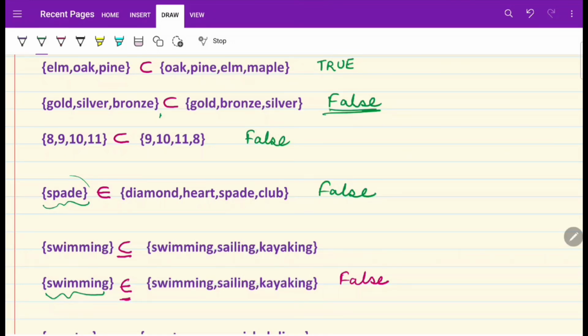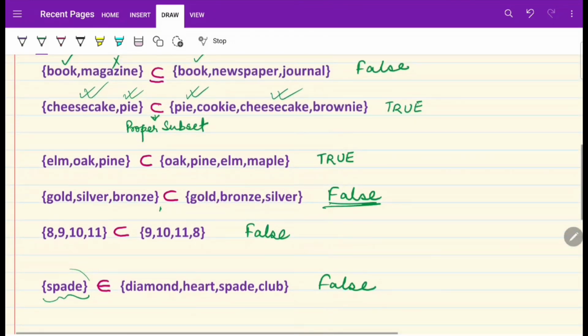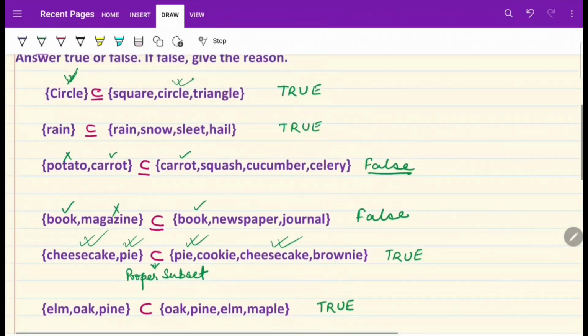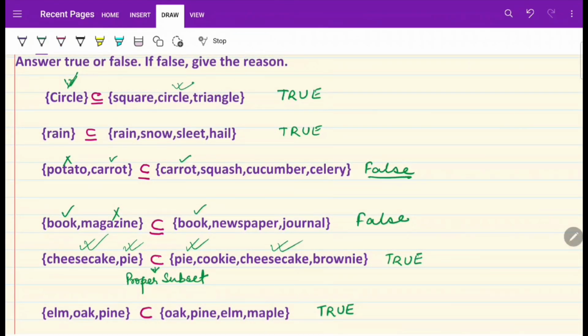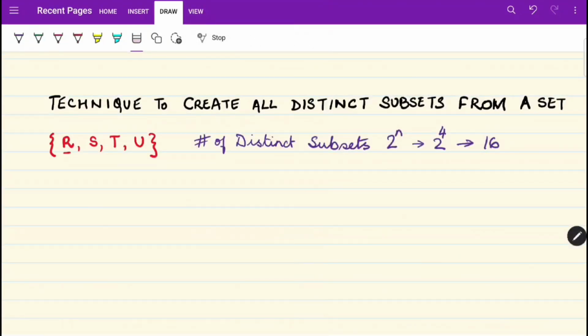All right, so I think we've gone through enough of these examples to test our understanding of the concepts of subsets as well as interpreting their notations, right? Now in this part, I'm going to show you how to come up with all possible subsets that can be created from a set.